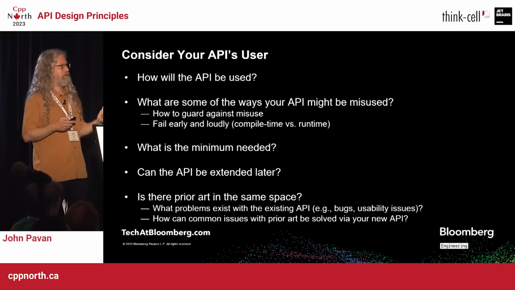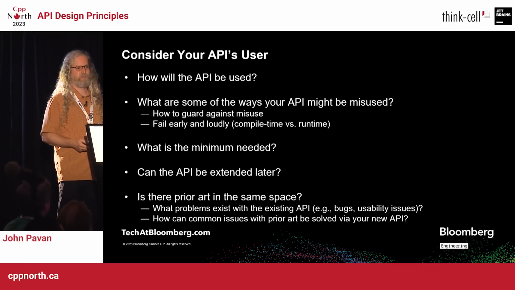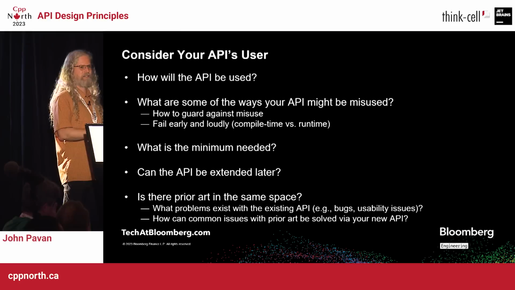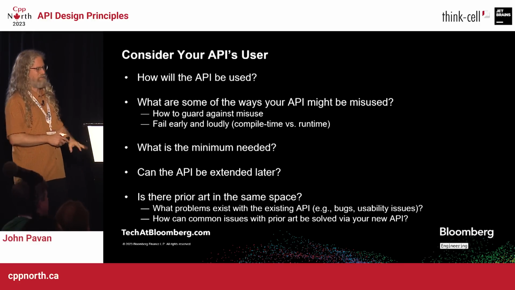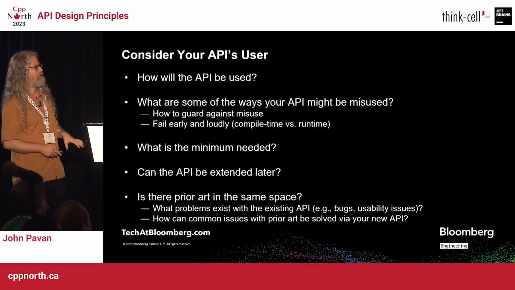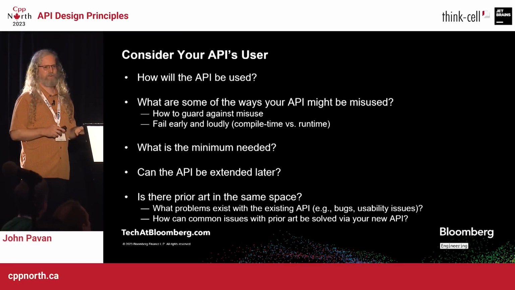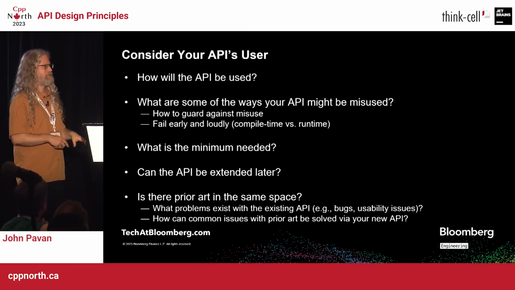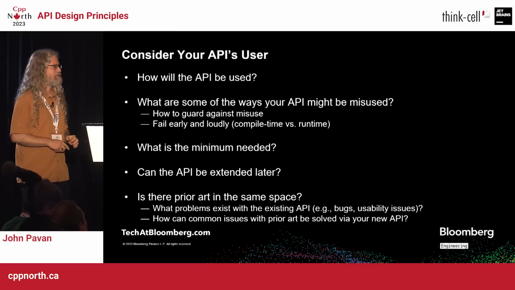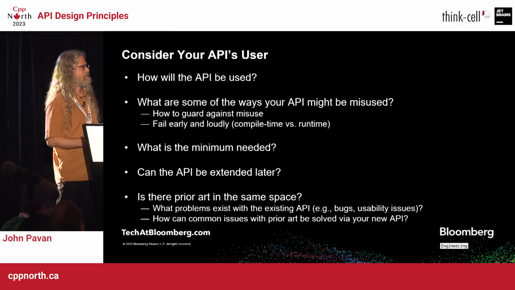You should also think about how the API can be misused. And Andre's talk in this room two talks ago is much more detailed about how you can try and prevent that. If you were not able to see that talk, I would encourage you to at least look at his slides or to watch it once it's available, I guess, on YouTube.